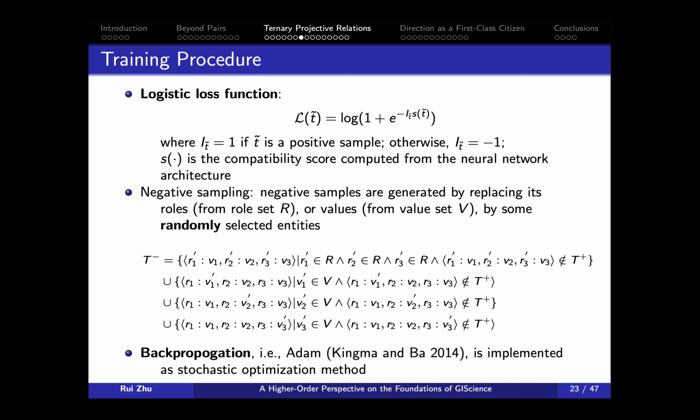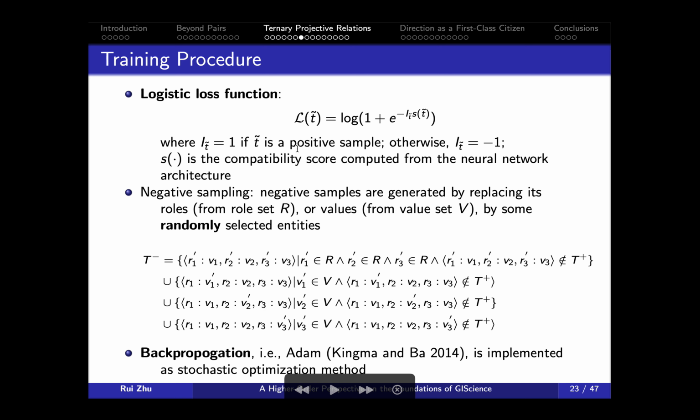The embeddings of roles and values are learned by training the model, and the training process aims to minimize this logistic loss function, where I here equals 1 if the statement is true, otherwise it is -1. S here is the compatibility score we have just discussed. We need both positive and negative samples to train this model.